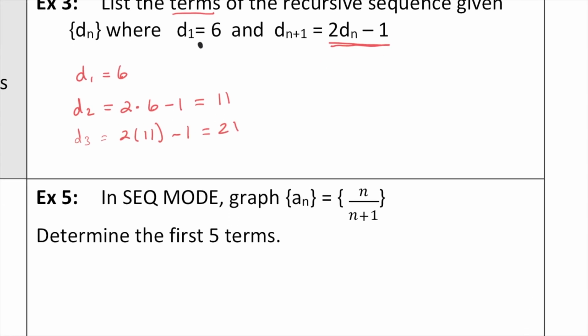Then the fourth term is 21 multiplied by 2 minus 1, which is 41. So you can see that d sub n is 6, 11, 21, 41, and the next one is 81. These are the first 5 terms of our sequence.